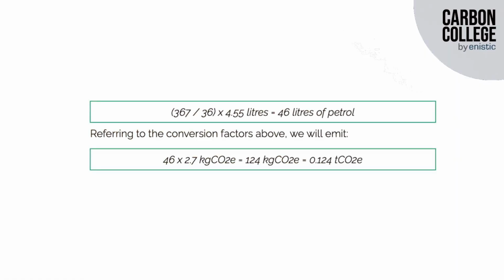So you've got 36 miles per gallon, and there's 4.55 litres per gallon. To figure out how much fuel we use, we divide the distance by the miles per gallon, and then put that into litres. So that would be 367 divided by 36, times 4.55. So we're going to use an estimated 46 litres of petrol or diesel for that journey from Oxford to Edinburgh.